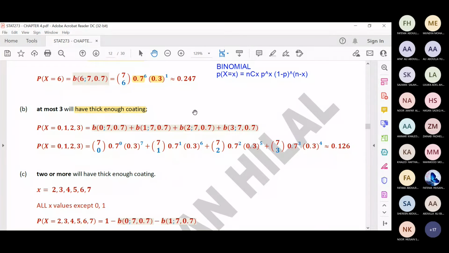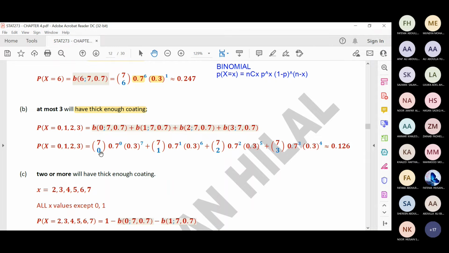Let's proceed and substitute. Every time I will use the same formula, but every time I will change the value of X. So the first one, 7C0. Next 7C1, بعدين 7C2, بعدين 7C3. Let's read them now one by one.